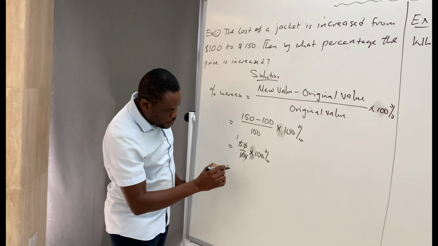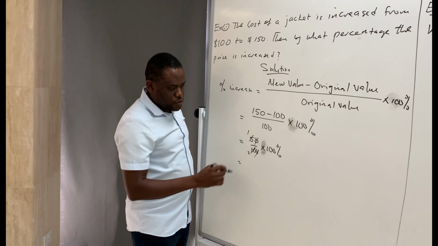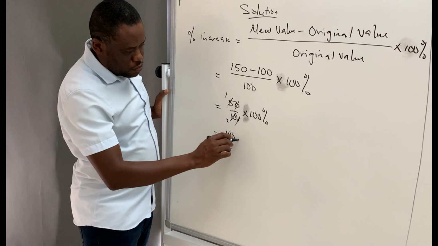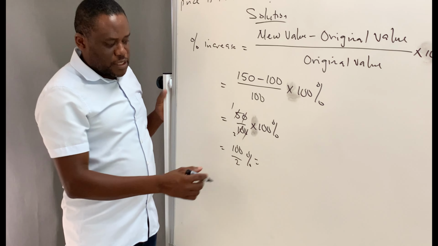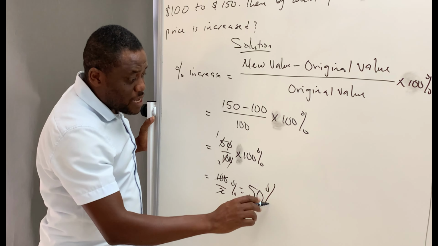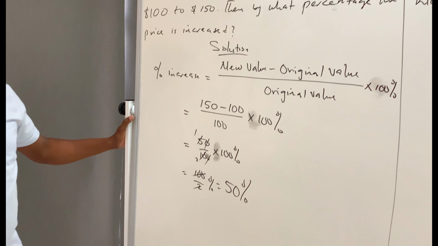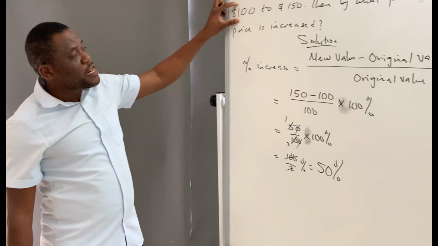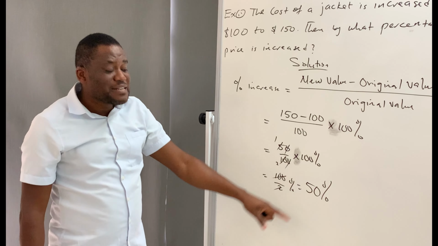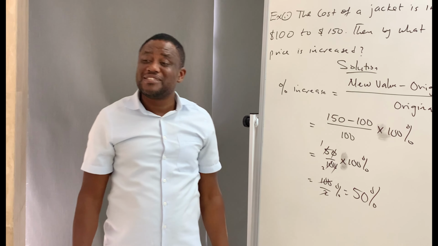So what is left here: 50 goes here 2, so we have 100 by 2%. So what is the increase? That is 50% increase. The original price was 100, later increased to 150. So there is an increase of 50%.